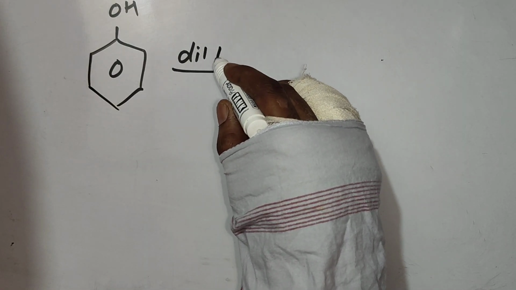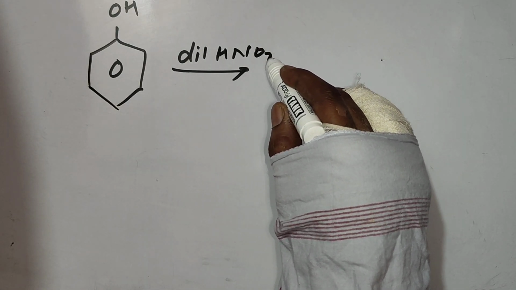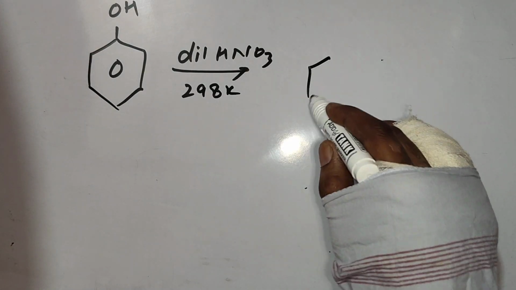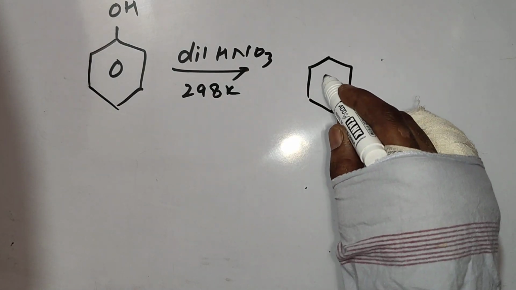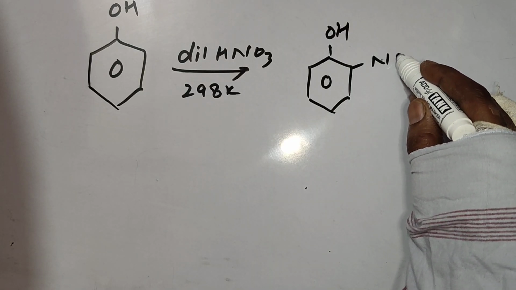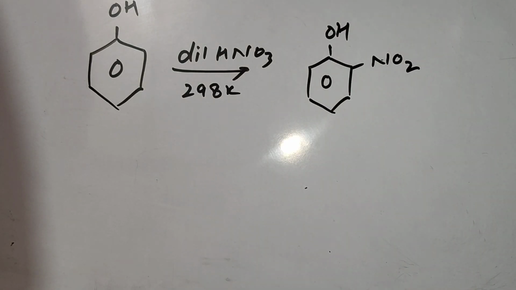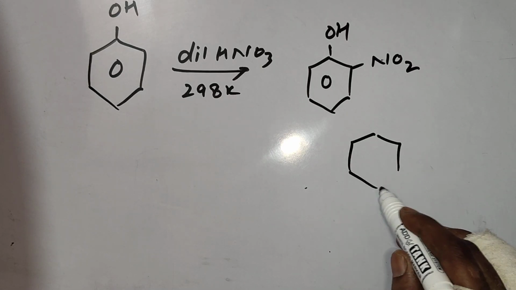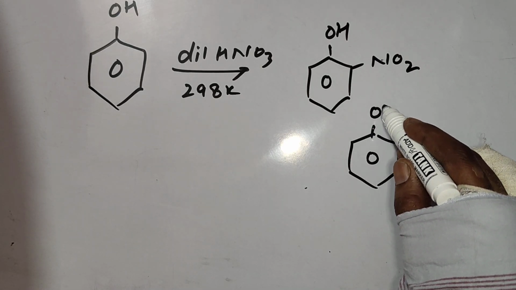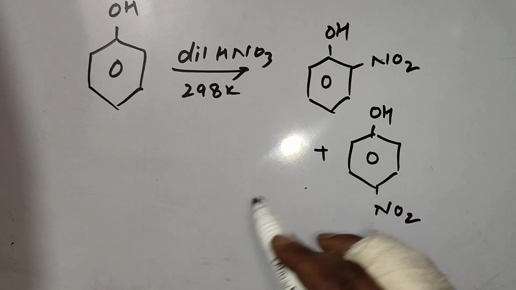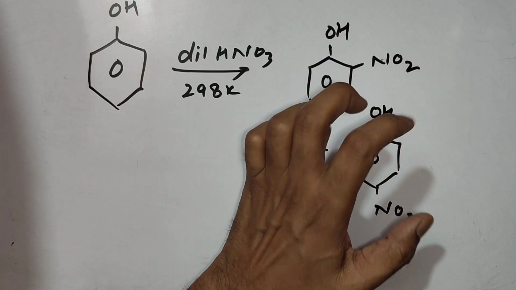when we have reacted phenol with dilute nitric acid and heated it at 298 Kelvin temperature, some molecules of phenol will turn to orthonitrophenol, some molecules will turn to paranitrophenol. This is orthonitrophenol and this is paranitrophenol.